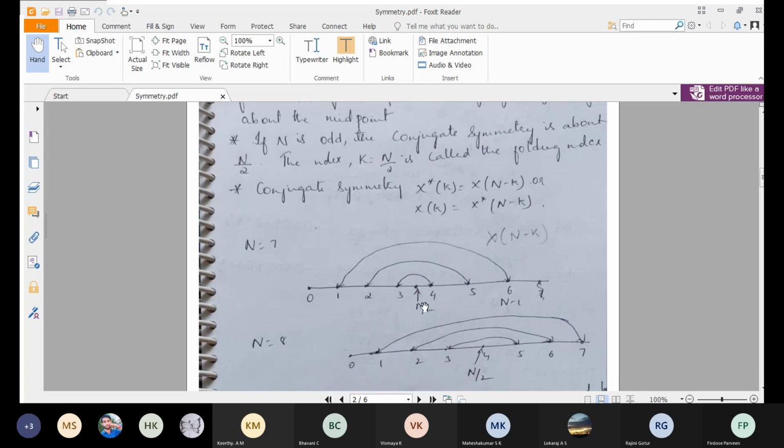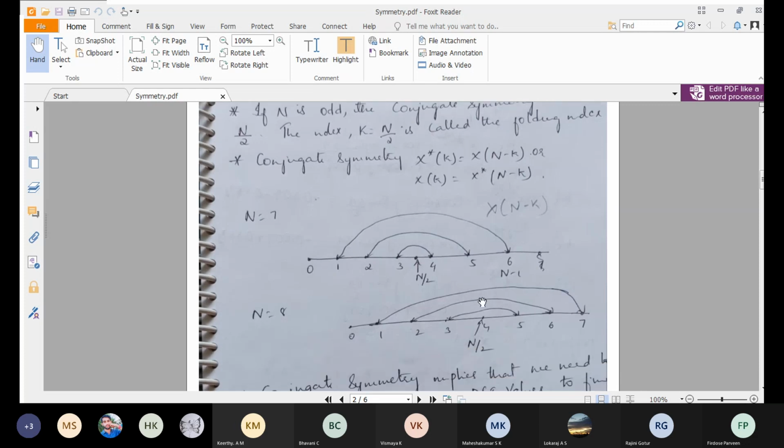Suppose N is equal to 8. Then the N by 2 point will be at 4.